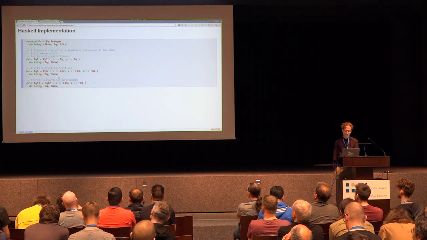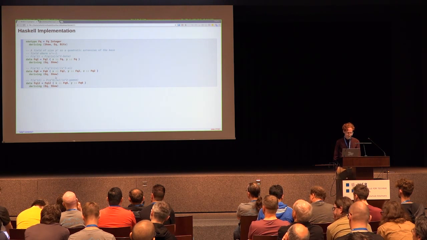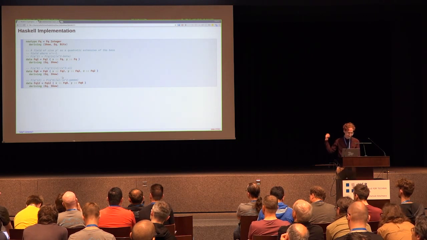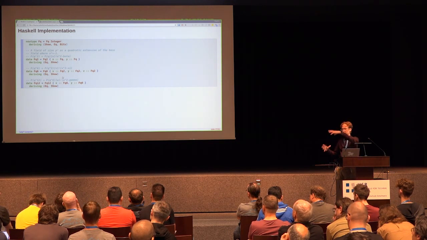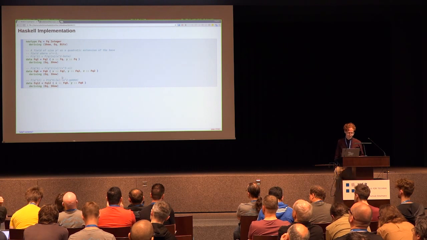And then for FQ6, we have actually three elements, since the extension is of cubic order. And then in FQ12, we have just two elements again. But these are all building on top of each other to basically produce this tower field of extensions.